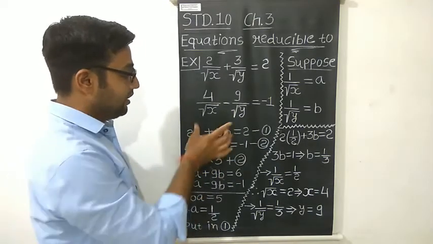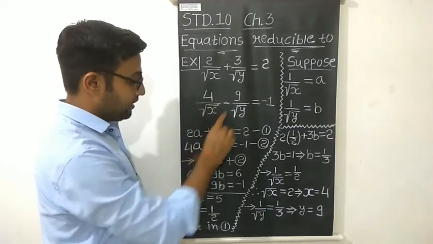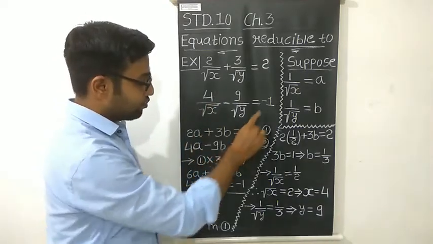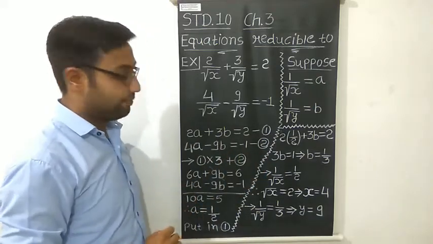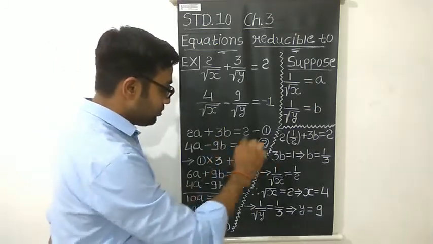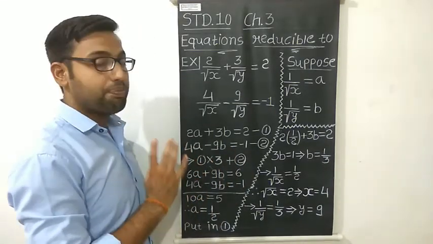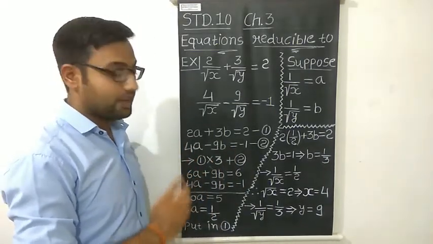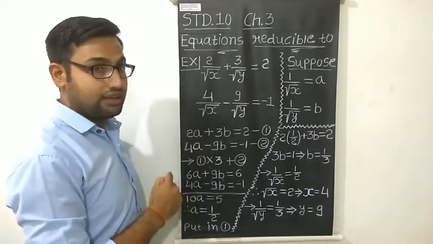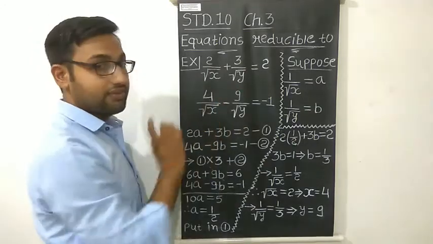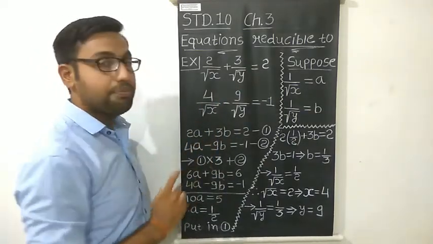In the same way, applying here, we will get 4a minus 9b is equal to minus 1. Give it equation number 2. Now these two equations are in the form of a pair of linear equations in two variables. Here the variables were x and y, but now our new variables are a and b.